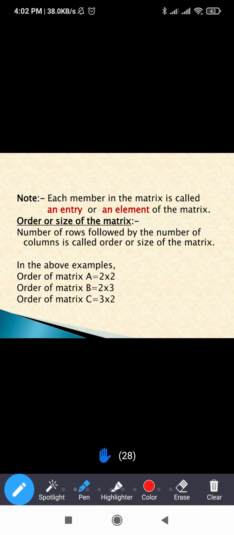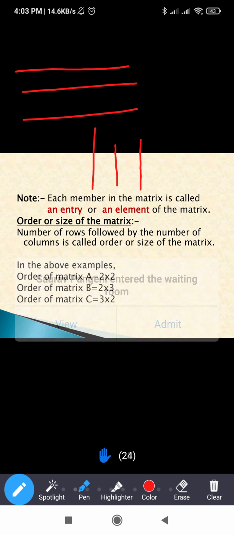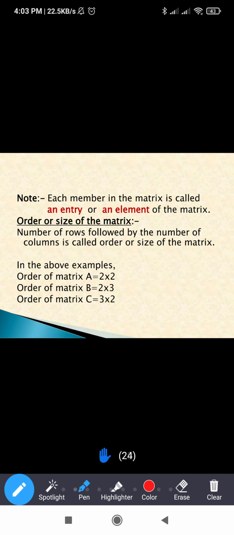Write down: number of rows followed by the number of columns is called order or size of the matrix. So number of rows followed by number of columns, that is called order of matrix.